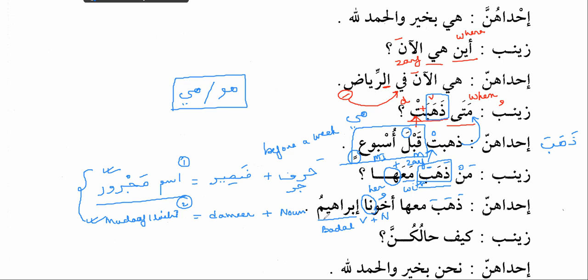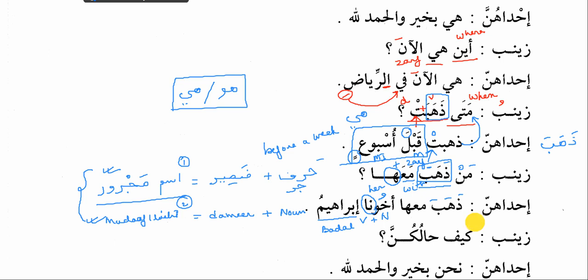So what is the translation of ذهب معها أخونا إبراهيم? You cannot translate it as 'he went with her, our brother Ibrahim.' You can say in English, our brother Ibrahim went with her. Okay.